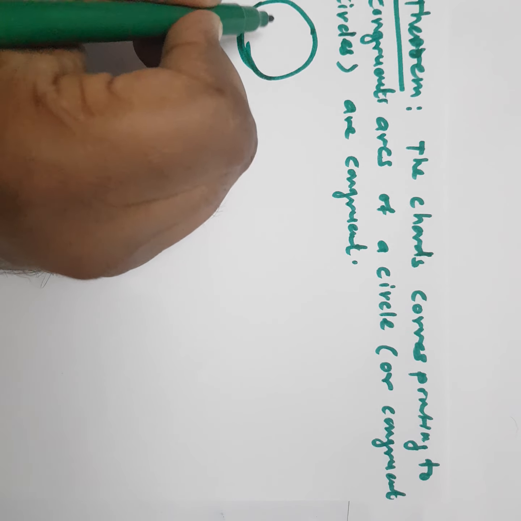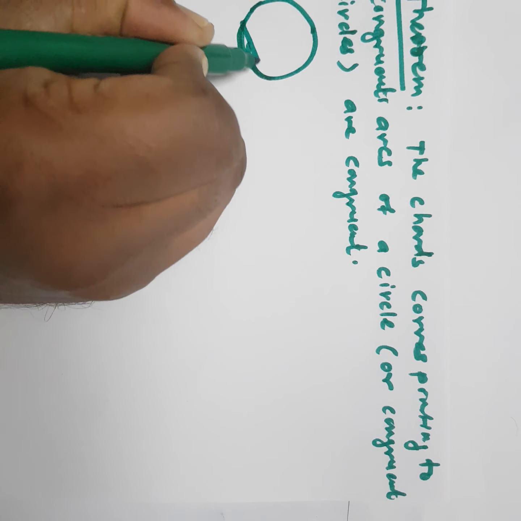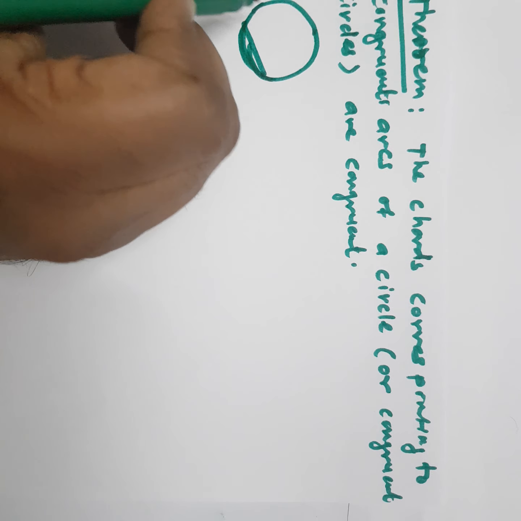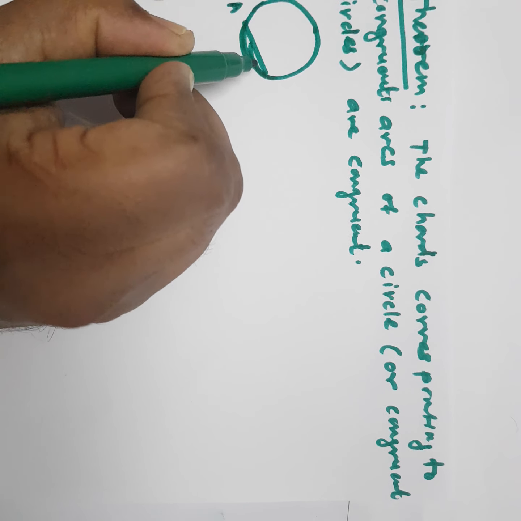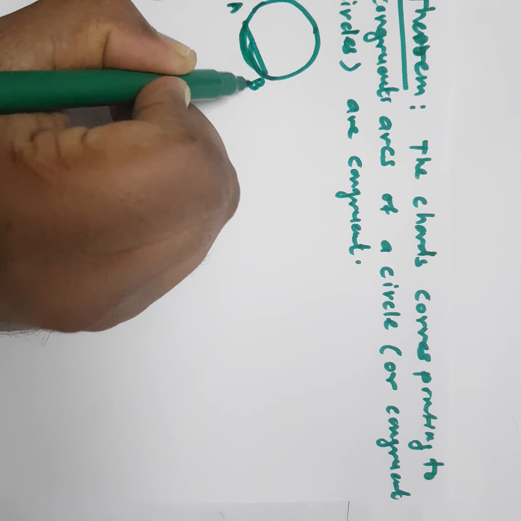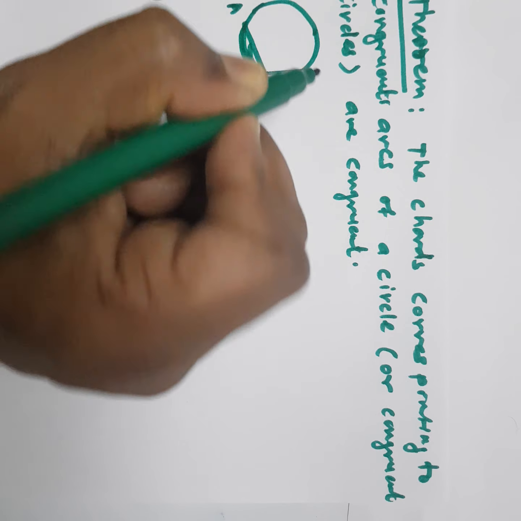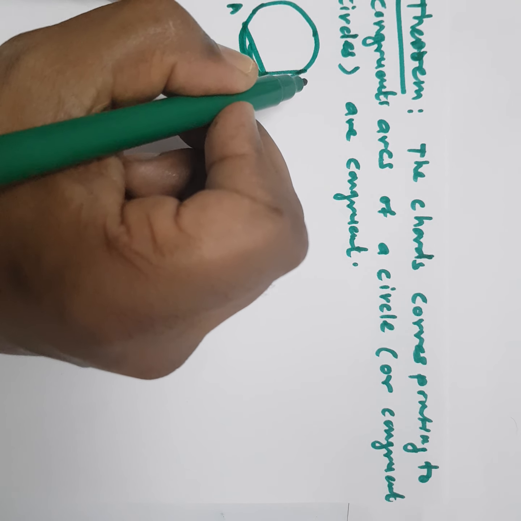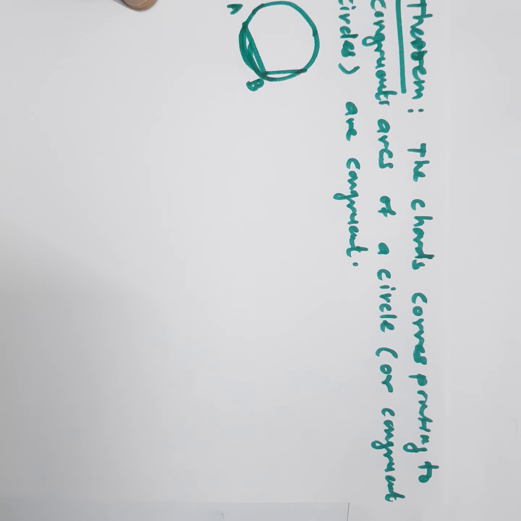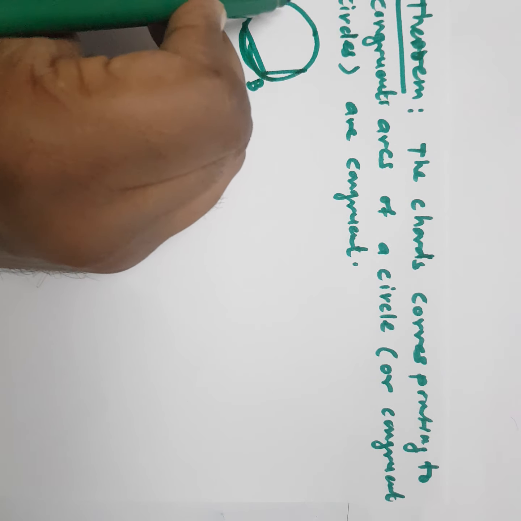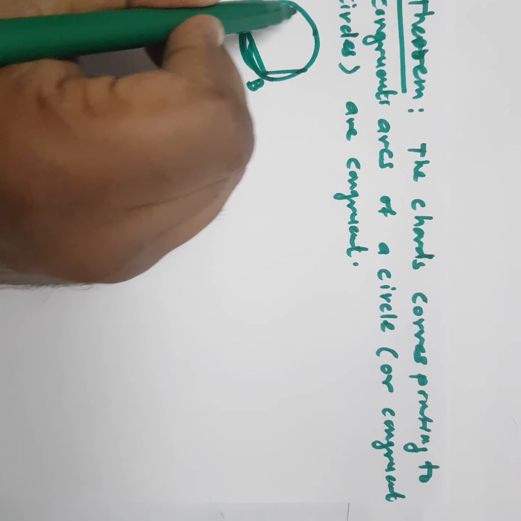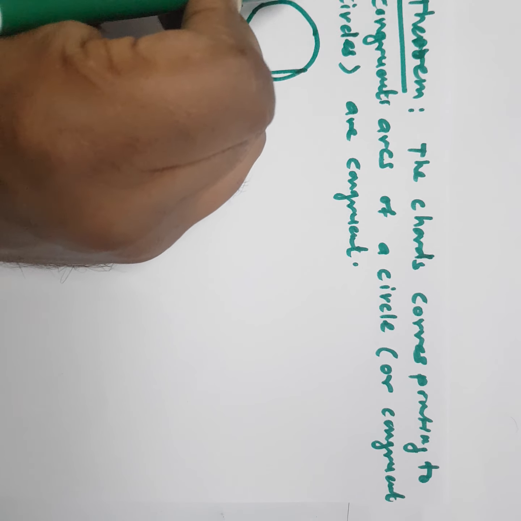See here, if there is arc AB as one arc, we will draw a larger figure here.